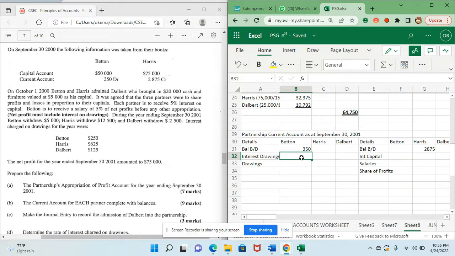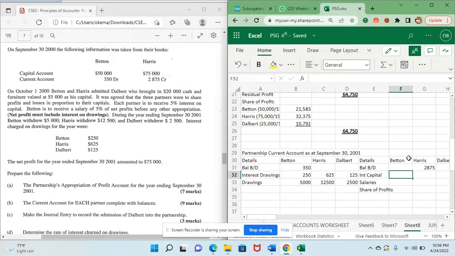So we know our interest on drawings was 250, 625, and 125. And our actual drawings were 5,000, 12,500, and 2,500.